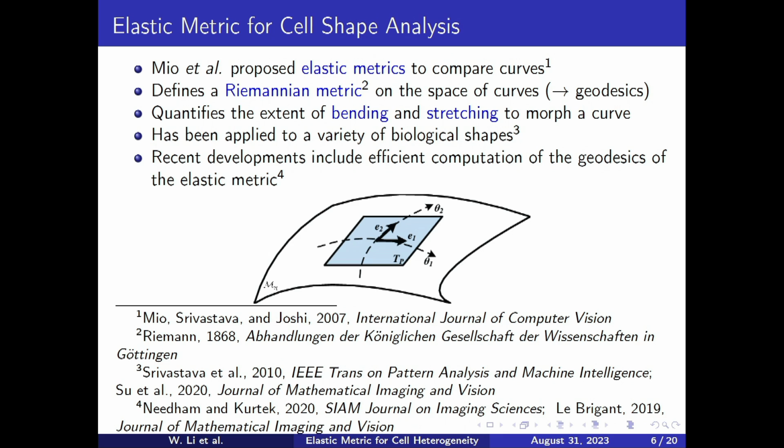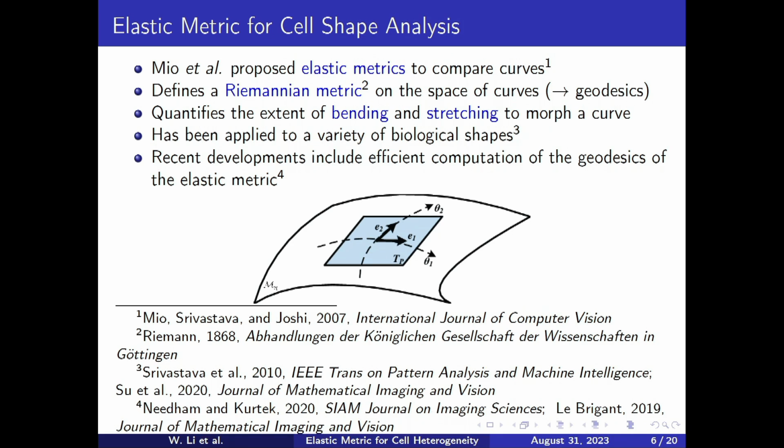So here's a brief overview of the elastic metric for cell shape analysis. In 2007, Mio proposed the elastic metrics to compare curves. The elastic metric is a Riemannian metric defined on the space of curves, and a Riemannian metric equips the manifold with a smoothly varying inner product at every point of the manifold.